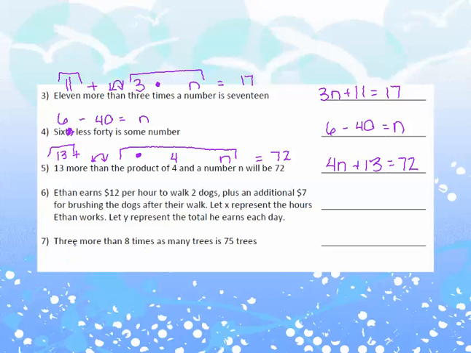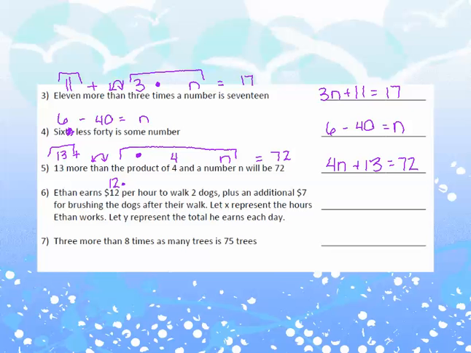Alright, let's talk about number 6. Ethan earns $12 per hour to walk 2 dogs, plus an additional $7 for brushing the dogs after their walk. Let X represent the hours Ethan works. Let Y represent the total he earns each day. Okay, what the heck does that even mean? So, Ethan earns $12 per, which means multiply.